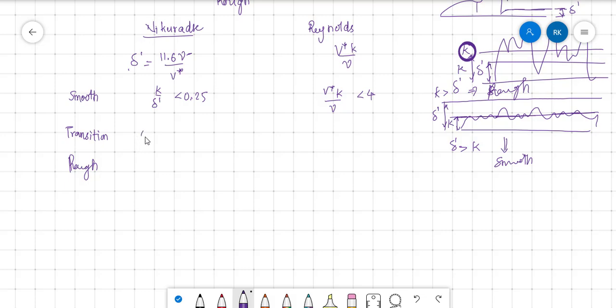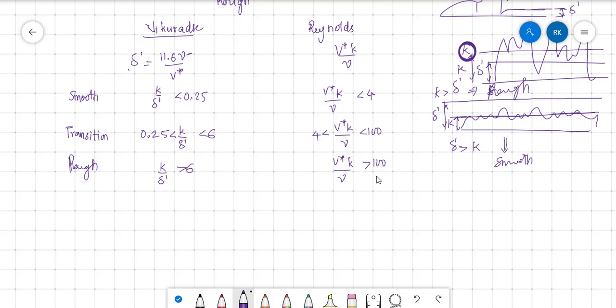And transition one, if 0.25 less than K by delta dash less than 6, that is called as transition pipe. If 4 less than V star into K by nu less than 100, that is called as transition one. If K by delta dash is greater than 6, that is called as rough pipe. In this case, V star into K by nu is greater than 100, that is called as rough pipe. So just remember this. This may be useful for 1 mark questions.